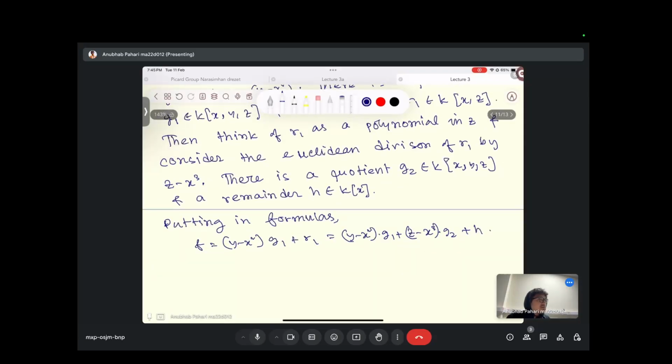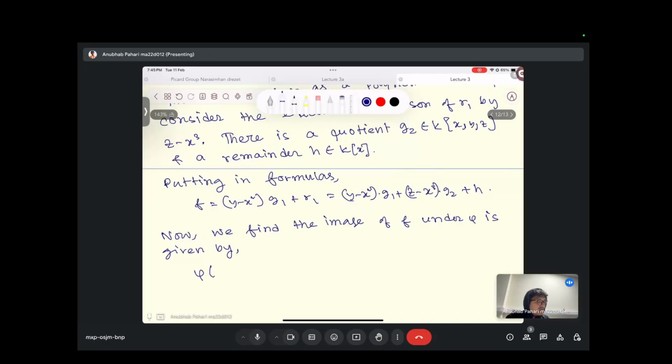So now we find the image of f under phi is given by phi of f equals (t^2 minus t^2) phi of g1 plus (t^3 minus t^3) phi of g2 plus phi of h.